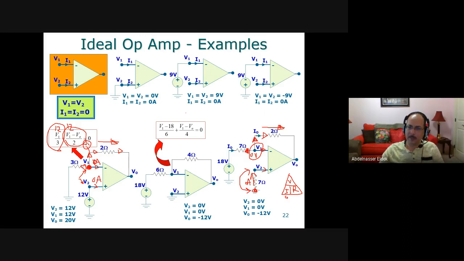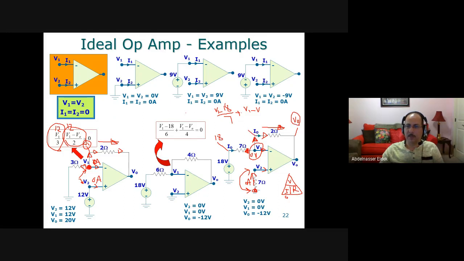Okay, so let's calculate the first current here. The first current is V1 minus 18 volt over 7, plus the second current, which is this voltage here, V1, minus this voltage, VO.